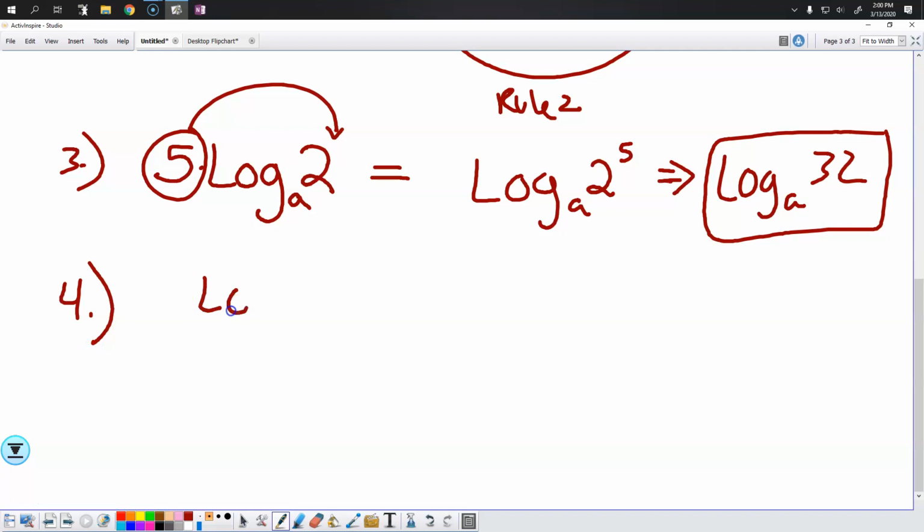How about this? Log base A of x over 2. All right, so first of all, let's rewrite this.